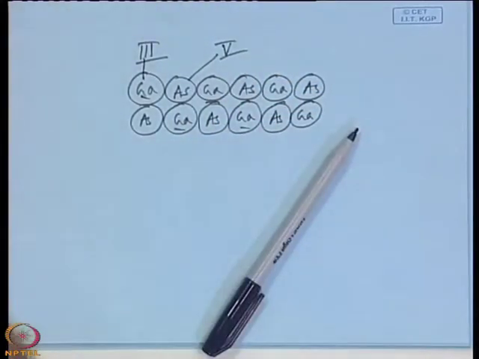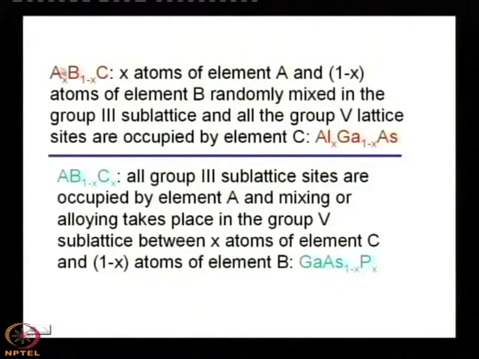Here in this example, A and B are group 3 elements. That means x atoms of A and 1-x atoms of B are there in the group 3 sublattice, but all group 5 sublattice is occupied by element C.